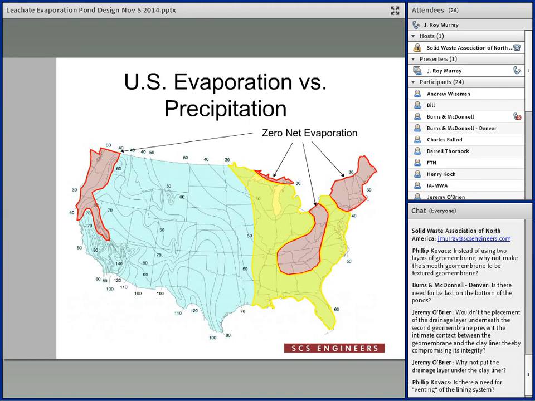We've seen no instances of gas, air, oxygen, or just floating of the liner. So no, there's no need to provide any venting.